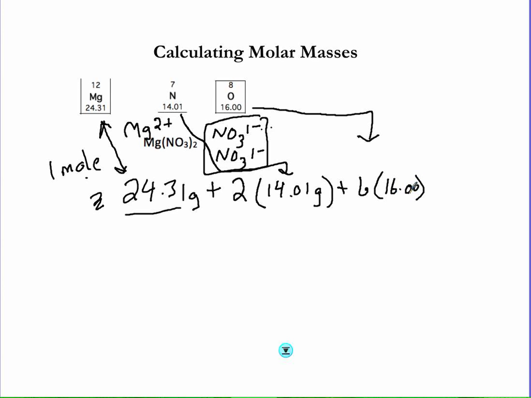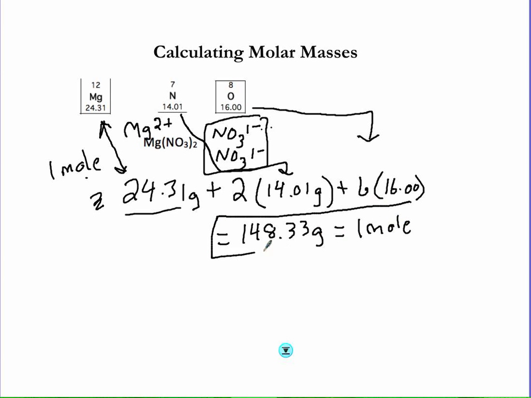And if we take out our calculator and do this addition, we should get a final overall answer of 148.33 grams, which is the molar mass, or simply the mass of 1 mole. Alright, so that's how you do it for a compound that is complex and has some parentheses and multiple instances of atoms.